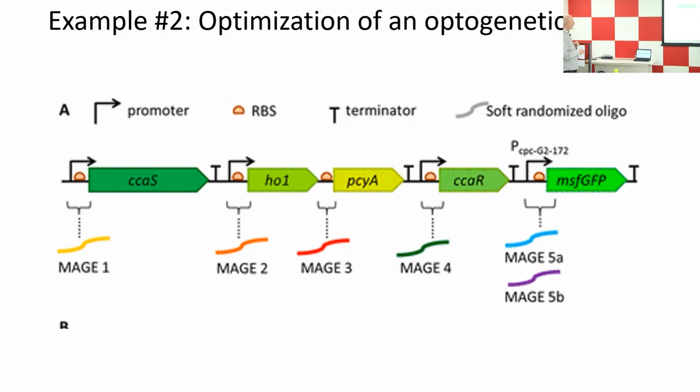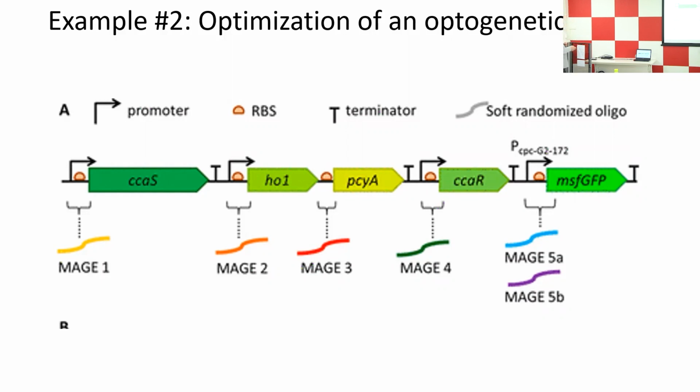Okay, so we have a bunch of parts here because we need 1, 2, 3, 4 promoters, we need 1, 2, 3, 4, 5 ribosomal binding sites, and we need 1, 2, 3, and 4 terminators. Okay, so we have a bunch of parts.